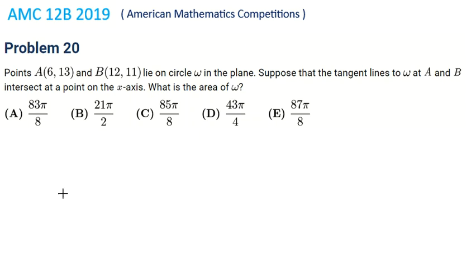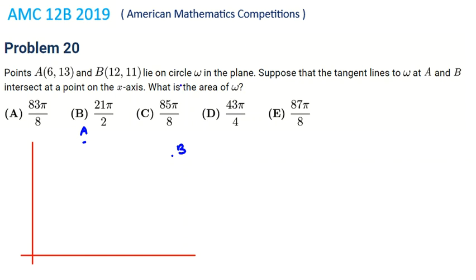Okay, suppose the figure should not be accurate, we just want to understand intuitively. The problem says A is (6, 13), so it will be some point like this, and B will be some point like this.